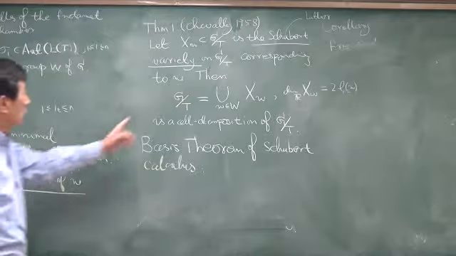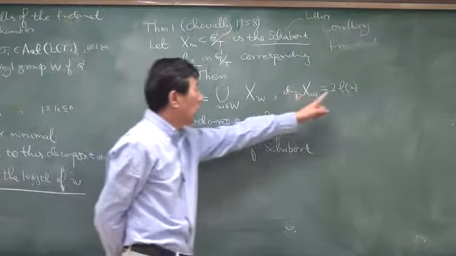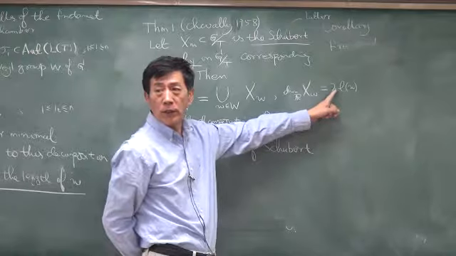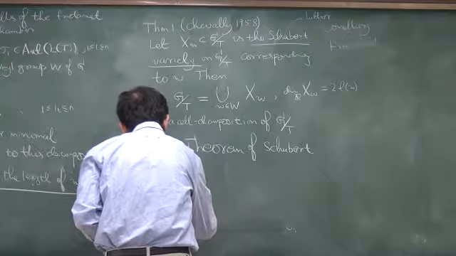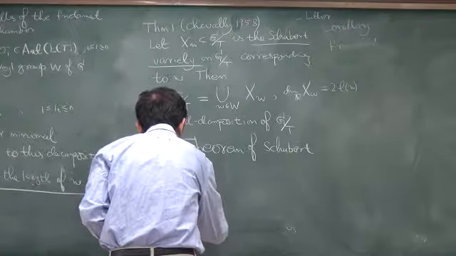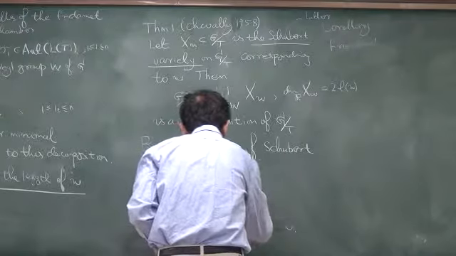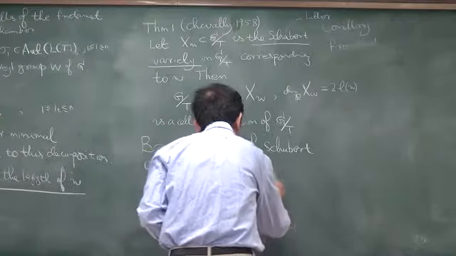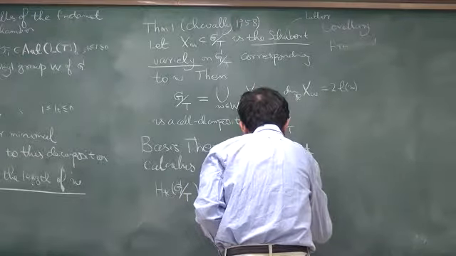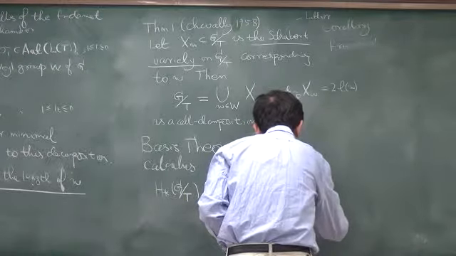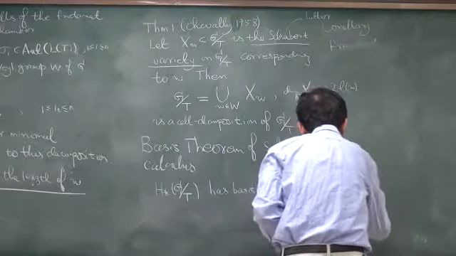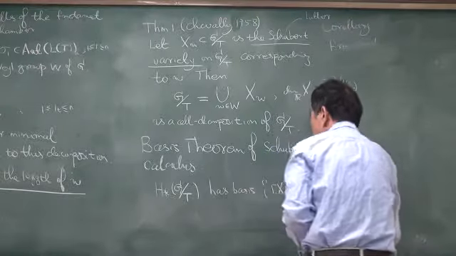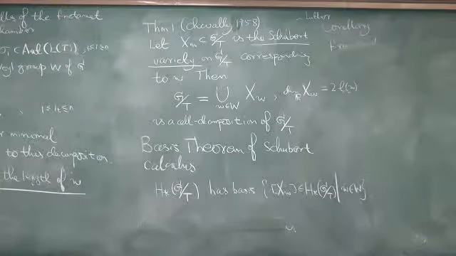Because you see, in the cell decomposition of this manifold, there are only even dimensional cells involved, which implies that the cohomology of G mod T has a basis spanned by the algebraic cycles.